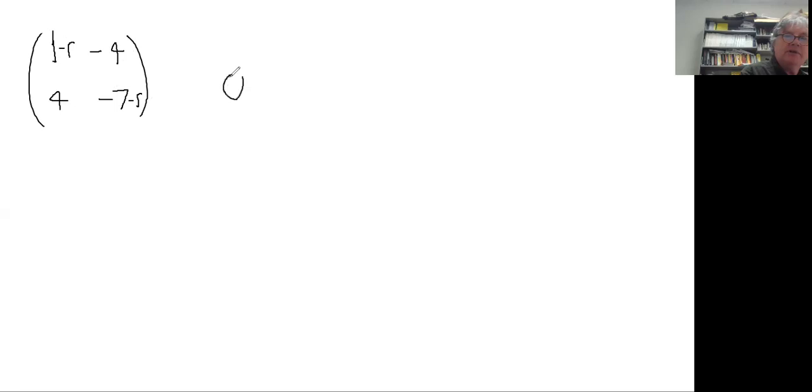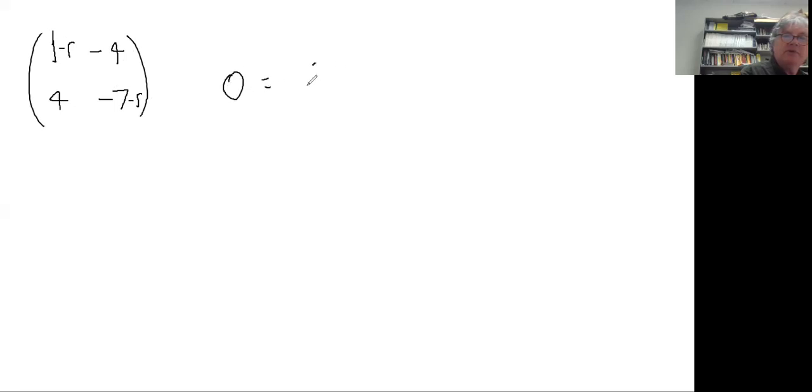Okay, so for the problems for section 4.3, we were looking at the matrix [1, minus 4; 4, minus 7]. We needed to find the eigenvalues, so we subtract r from the main diagonal and set the determinant equal to 0.